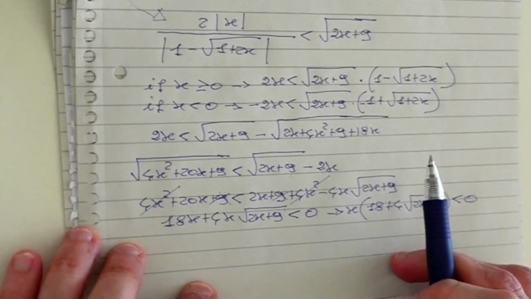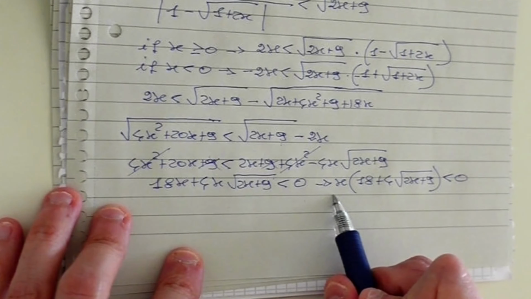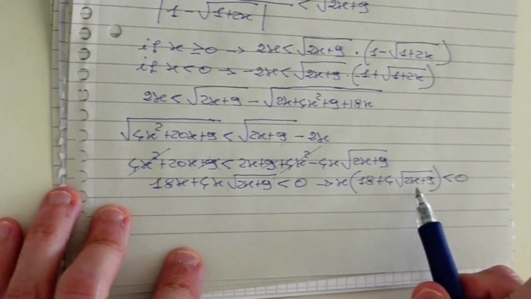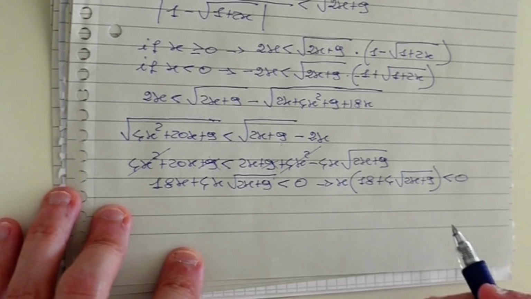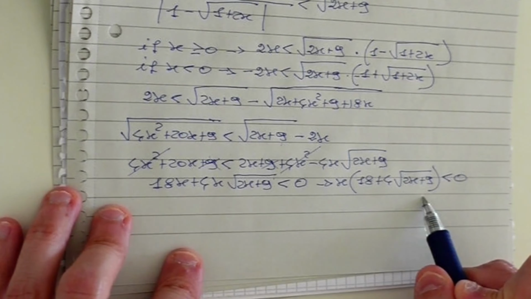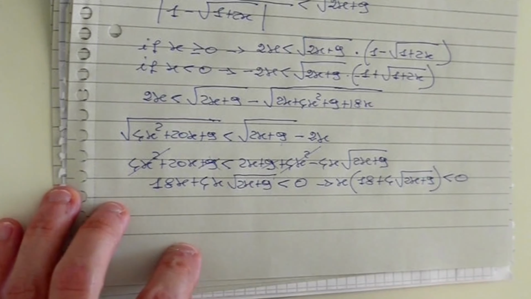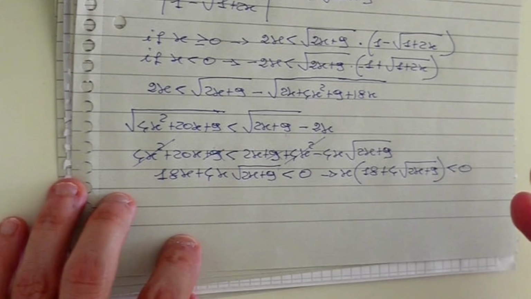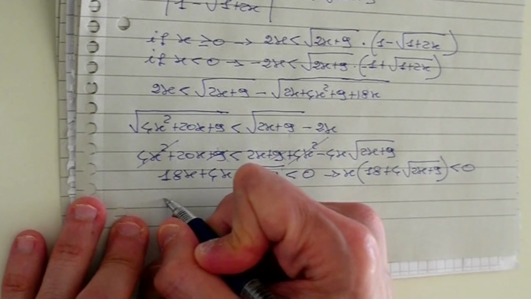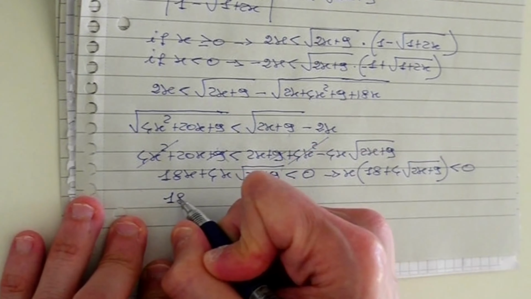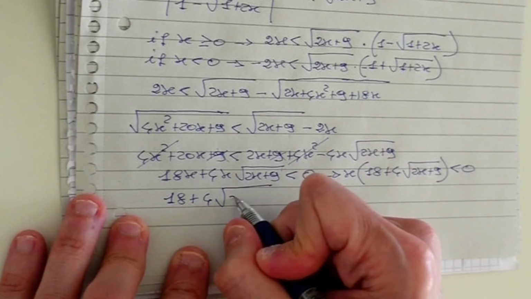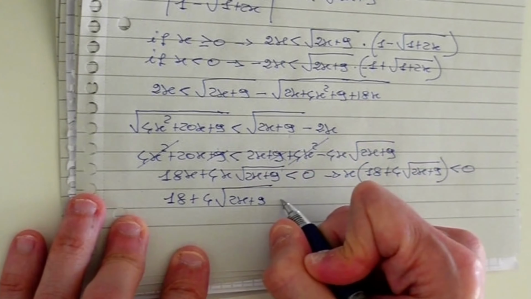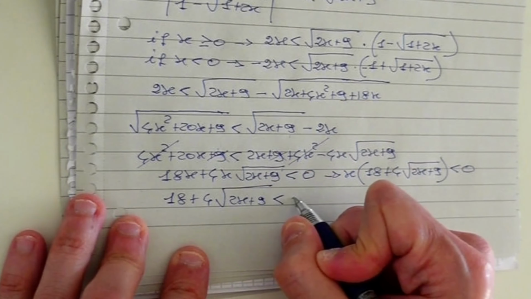It means that in this case, this is for sure positive. So in order for this inequality to be less than 0, we just require that this other factor is negative. We require that 18 plus 4 square root of 2x plus 9 be less than 0.